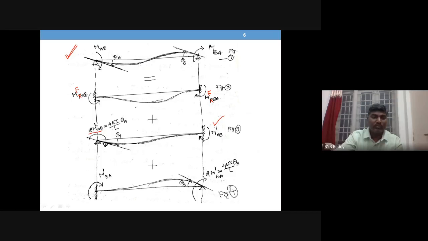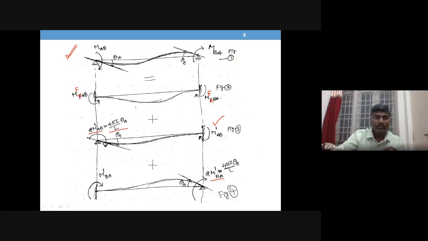And you know the moment required, or moment developed at that point, is 4EI by L into theta A. Similarly, next case, end B rotation also will cause moment. I'm writing 2 times M dash BA to avoid divide by 2 here, so half will carry here, that is M dash BA. Again, this is 4EI by L into theta B, the moment required to rotate this end by theta B.